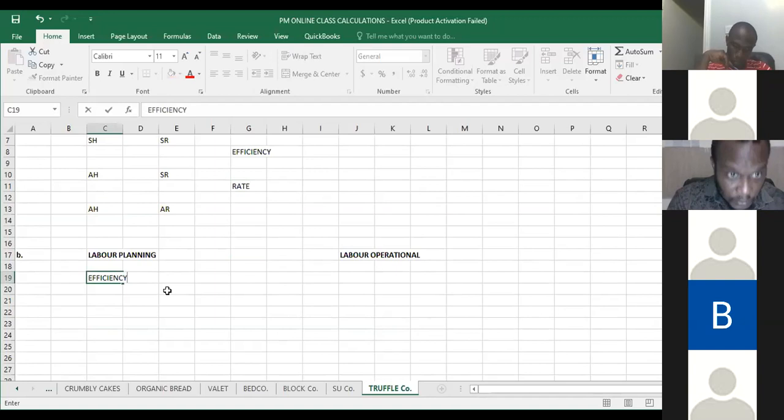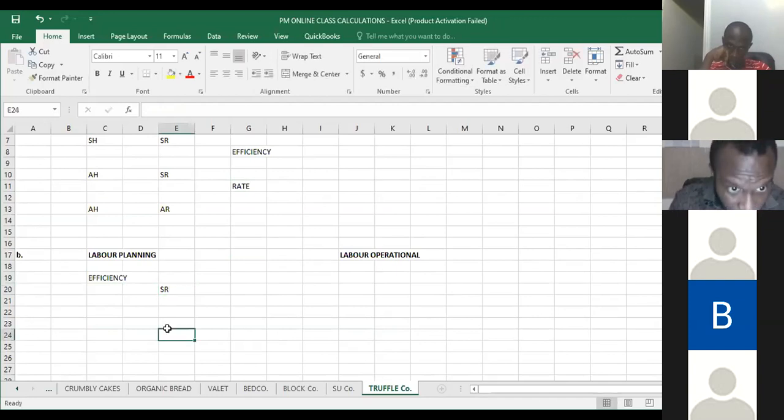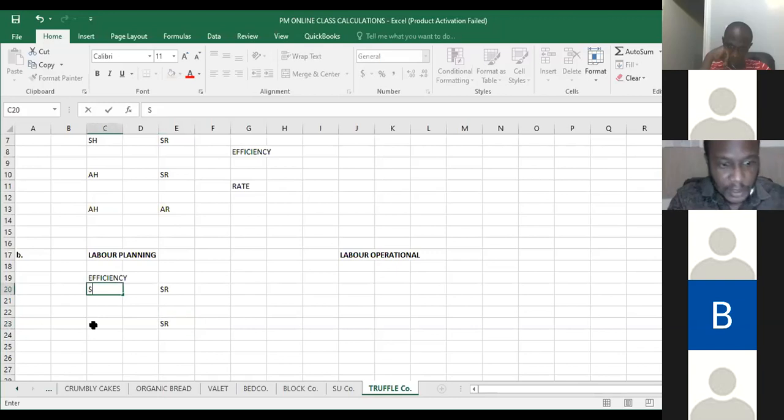So our standard rate will be constant, right? So we'll just come and put standard rate, and the only difference is now comparing standard hour with revised standard hour for the efficiency.